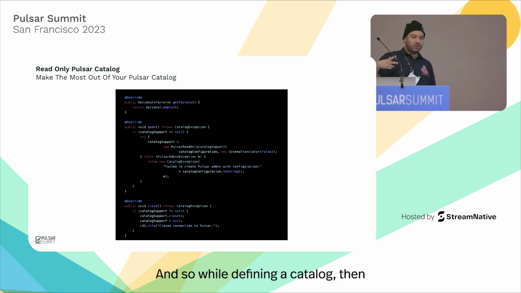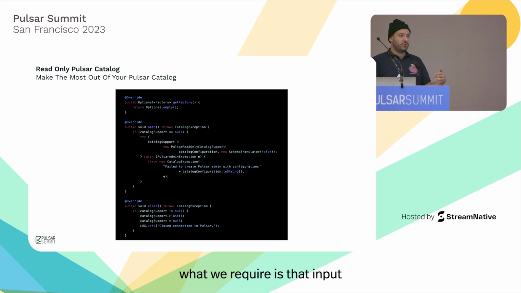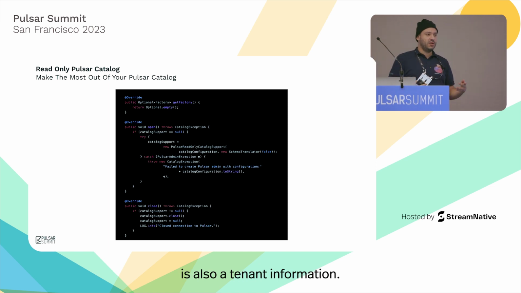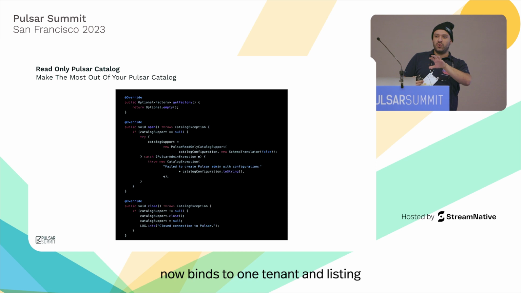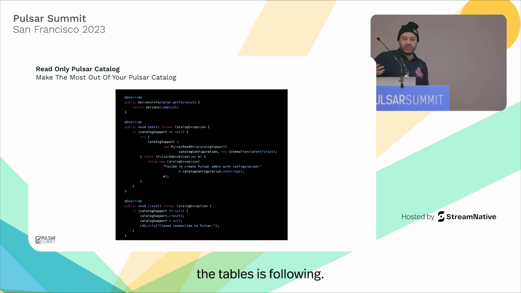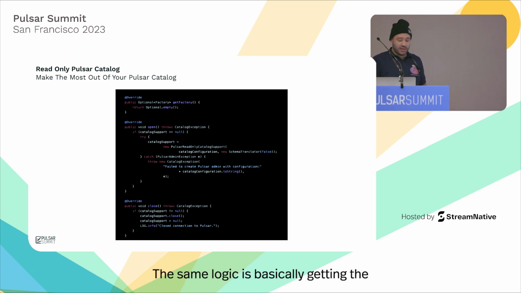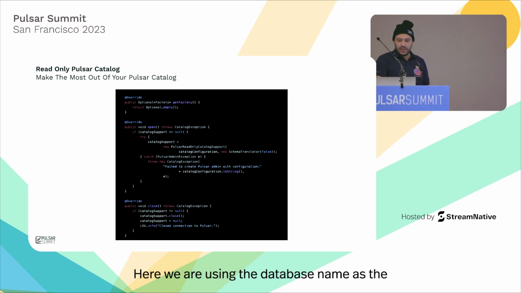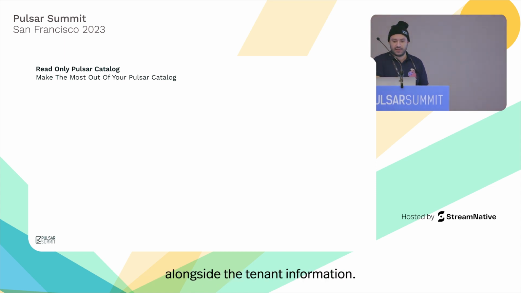While defining a catalog, what we require as an input is also the tenant information, so each catalog now binds to one tenant. Listing the tables follows the same logic: it gets the topic list that is part of this tenant and namespace. Here we are using the database name as the namespace information alongside the tenant information.